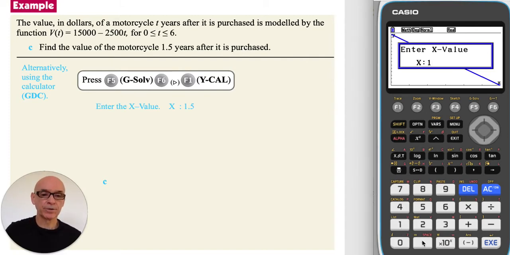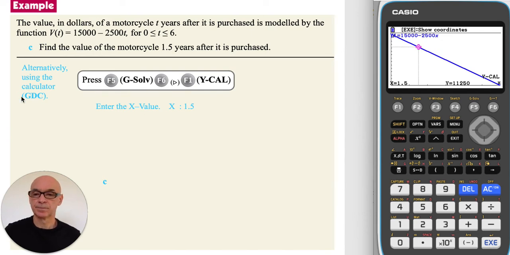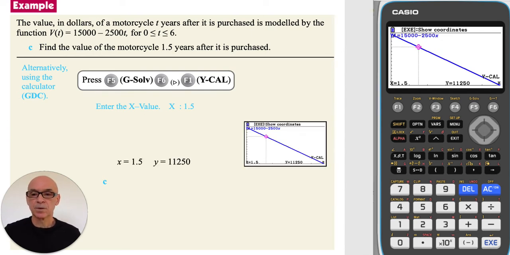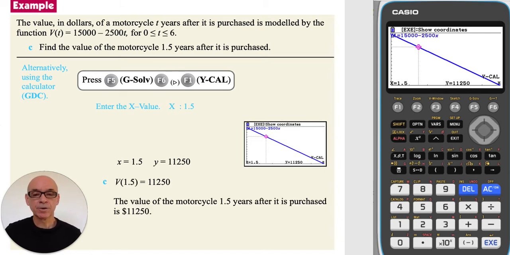Of 1.5, that's the value of t. We see that y is 11,250. So as before, the value of the motorcycle 1.5 years after it is purchased is $11,250.